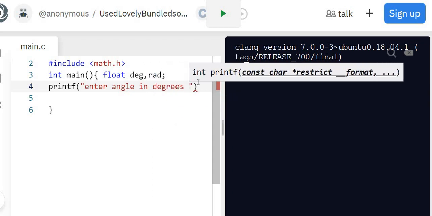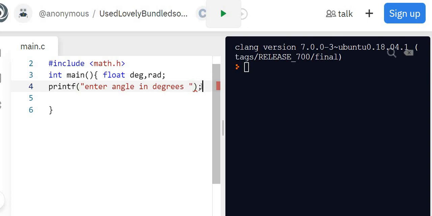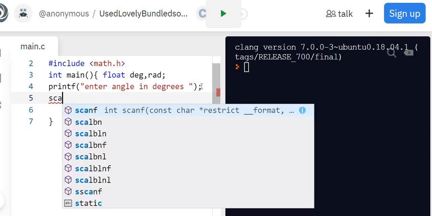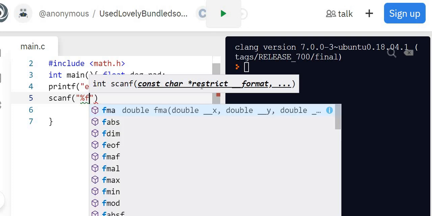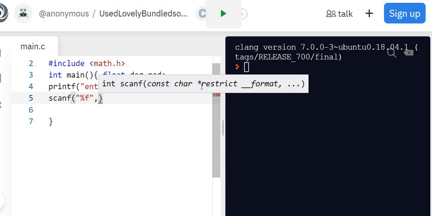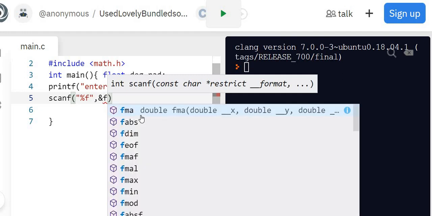This message will be given to the user. So the user will enter the angle, maybe 30 or 45, whatever angles are known that we can give. So %f. Here actually you can take the degrees angle in integer also, no problem.